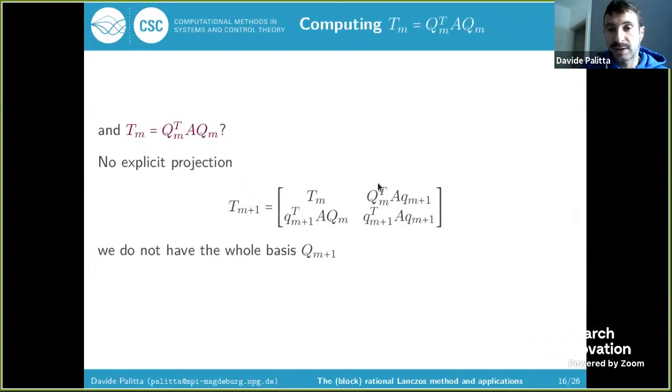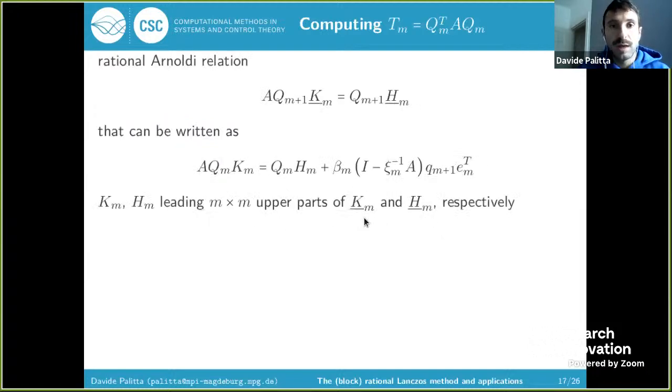And so you can see here, as I told you, we need all the bases. So we cannot afford computing T_m in this way, because by running rational Lanczos, we don't have at hand the whole Q_m.